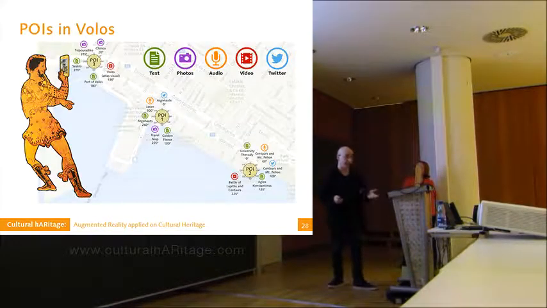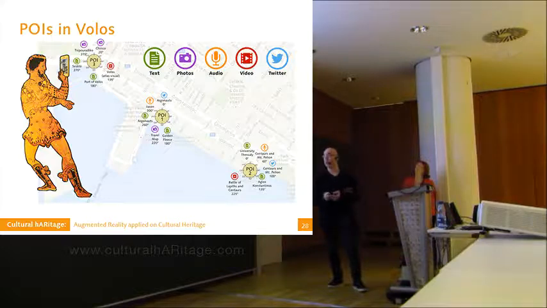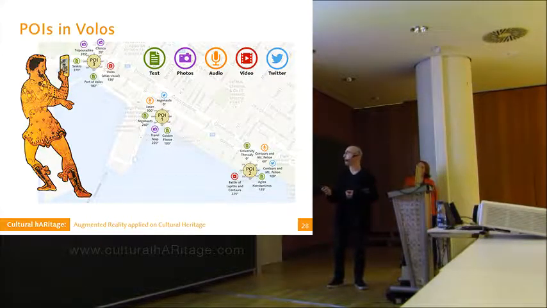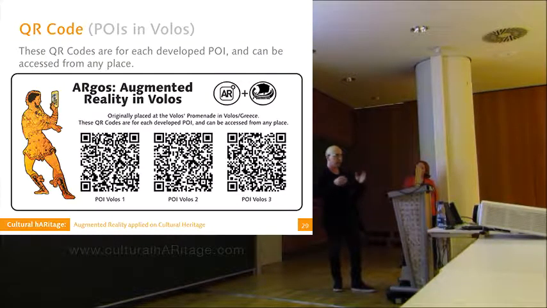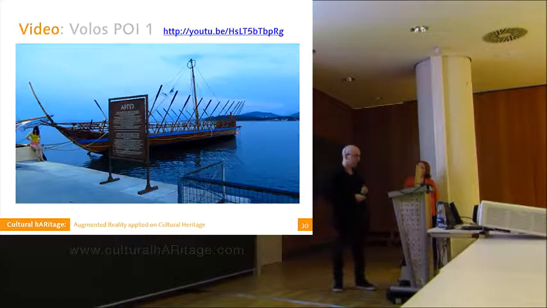But Volos is a city, so you have a large area, and you place it in the promenade there. Here, for instance, you talk about Mount Pelion. From this point, you can see the mount, which is kilometers away, but at least you always try to put it in context-aware positions where you can access the content.